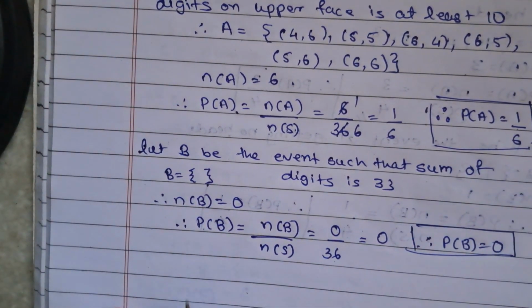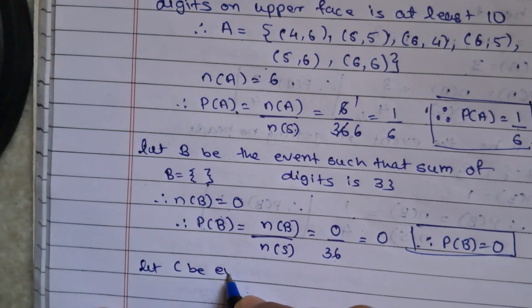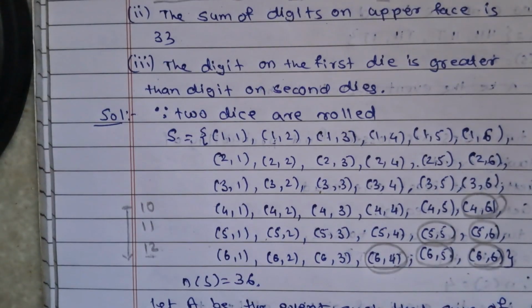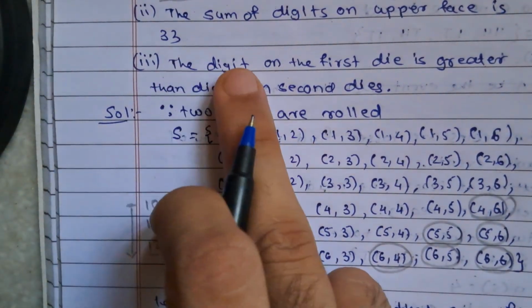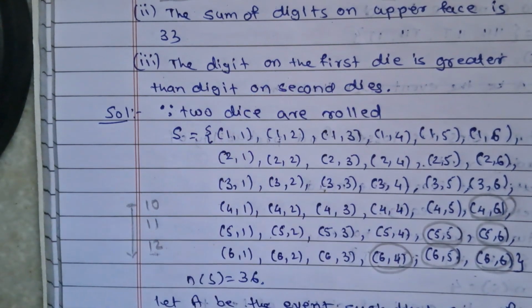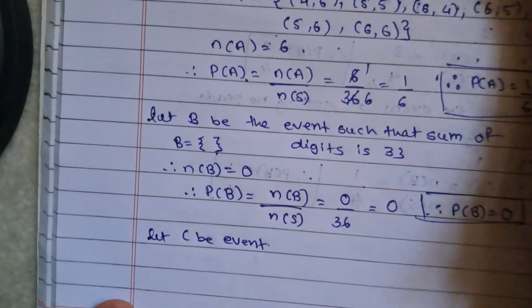Fine. Let's move on to the last event. Let C be the event. Let's see what the event is now. The digit on the first die is greater than the digit on the second die. Let me write it over here in the first place.